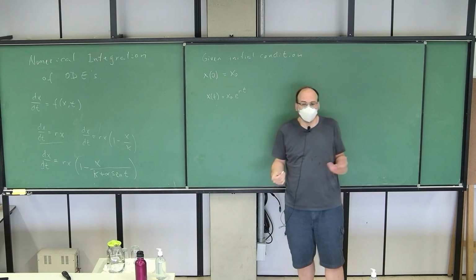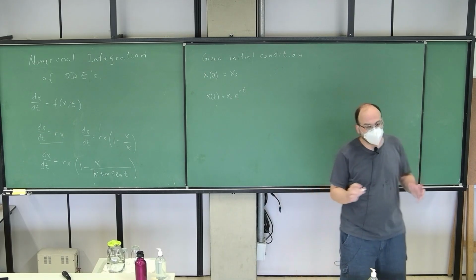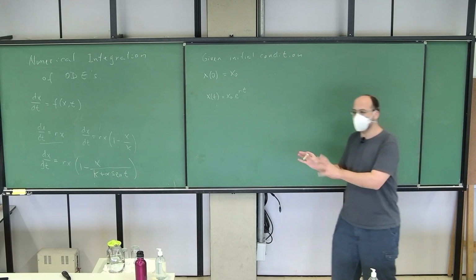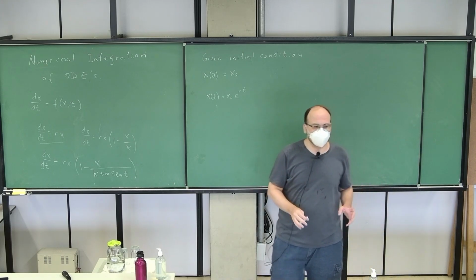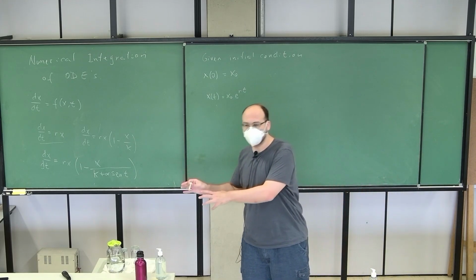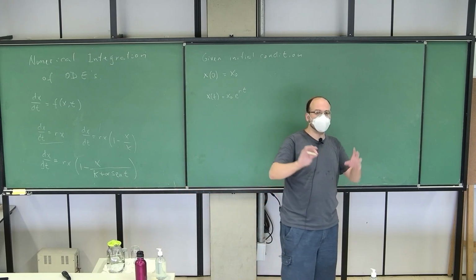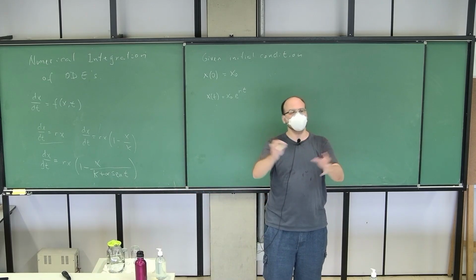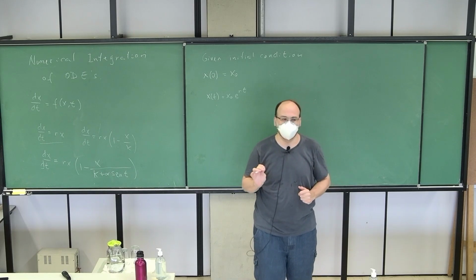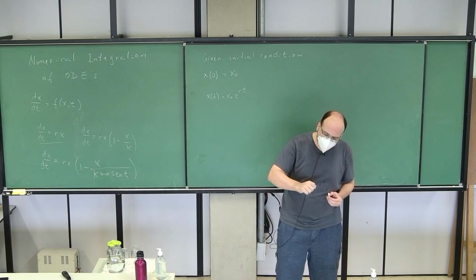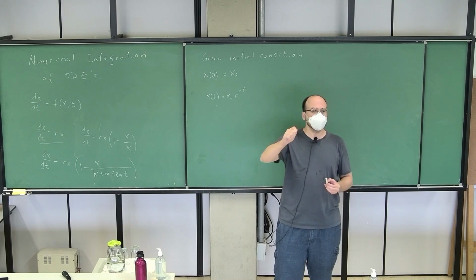So how do you study these equations then? There are some techniques that Roberto is going to talk about, analysis of fixed points and stability of fixed points, but this gives you an idea of the general behavior of the solution for large time. What if you actually want to know the trajectory over time of the solution?